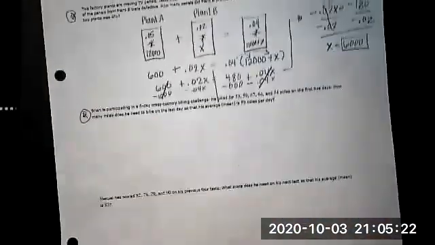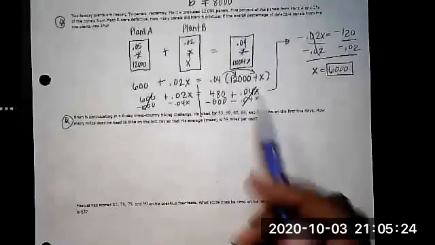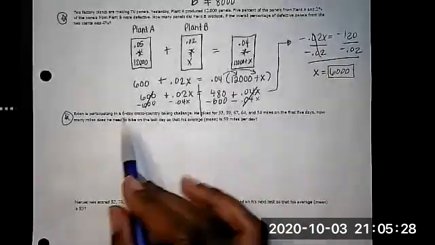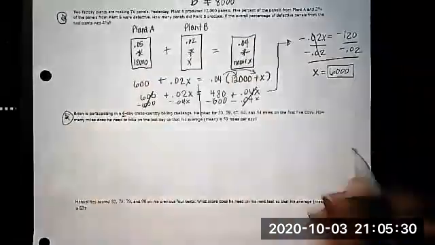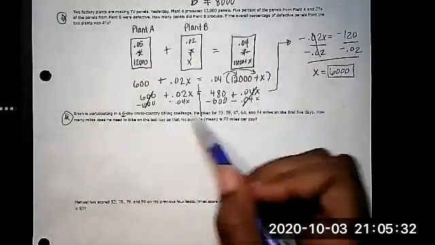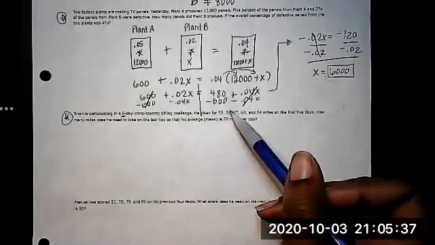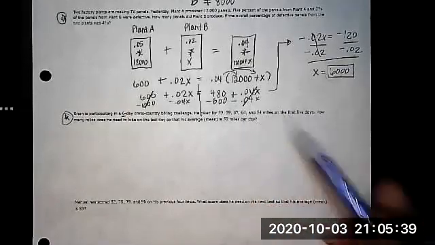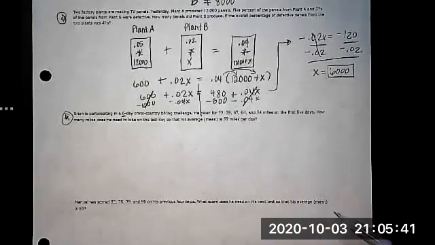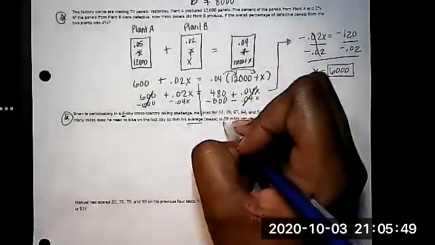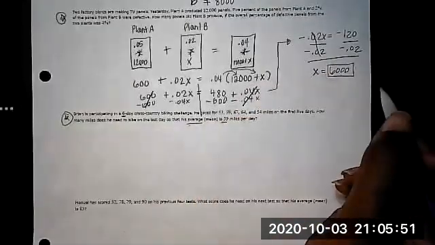Okay, next. Brian is participating in a 6-day, that's important, 6-day cross-country biking challenge. He bikes 53, 59, 67, 64, and 57 miles on the first 5 days. How many miles does he need to bike on the last day so that his average, that's important, average is 59 per day?